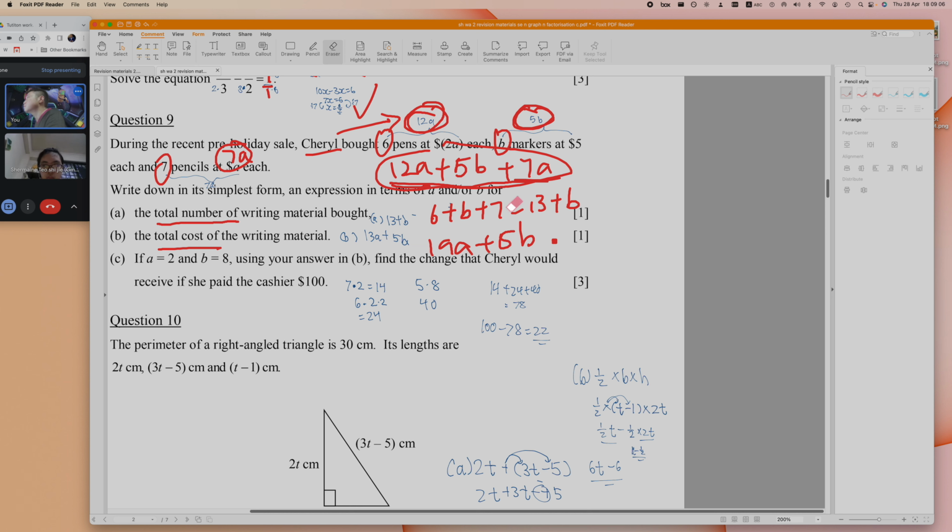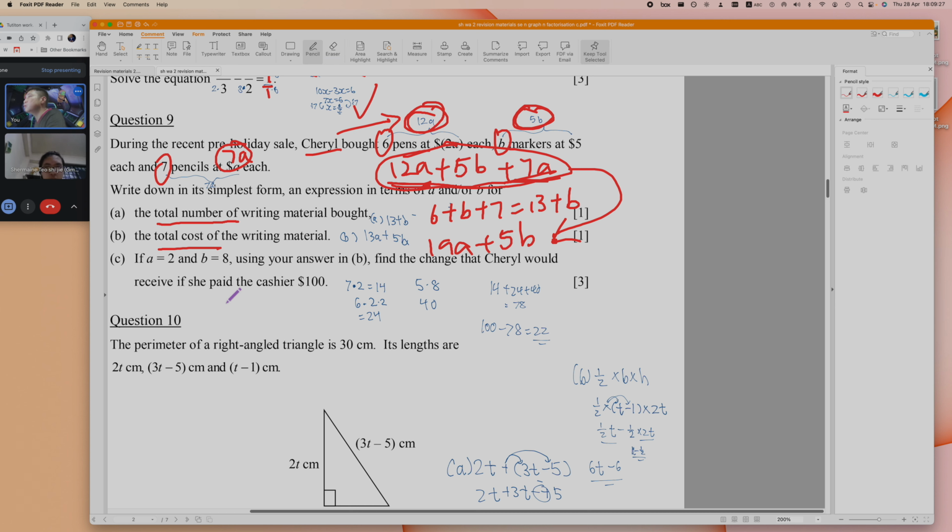Are you clear? Then which one is the cost? This one is the cost. This whole thing. That's why if you write this down, then you underline similar term, you get 19A plus 5B. Does it make sense? Okay, so once you get this, then you key in the value of A and B into it.